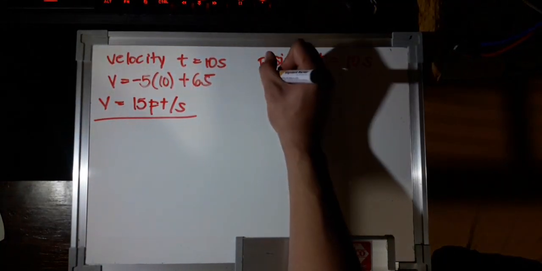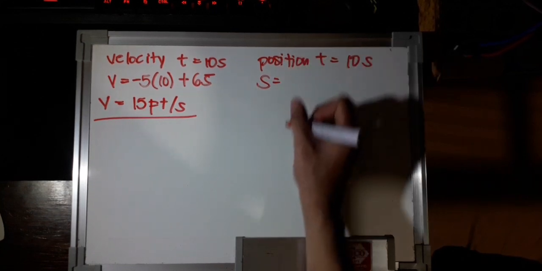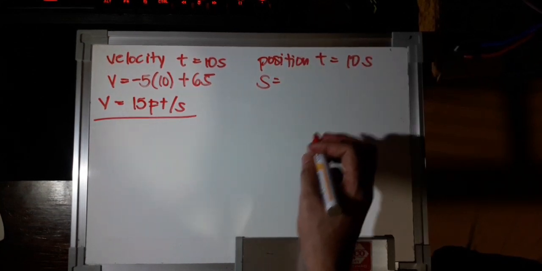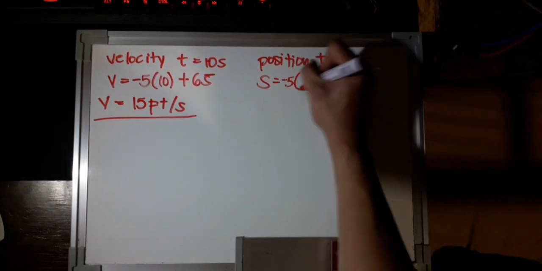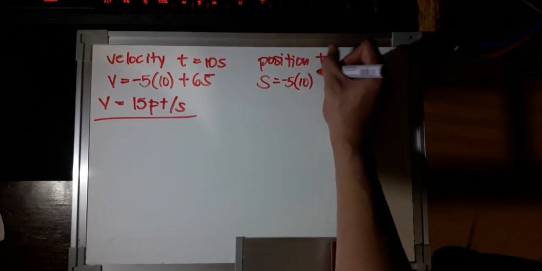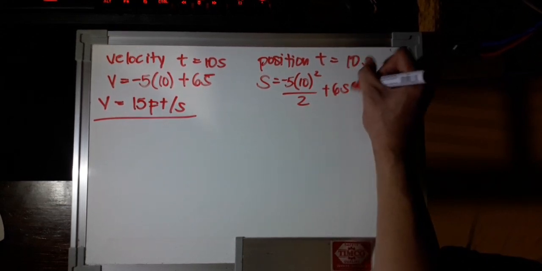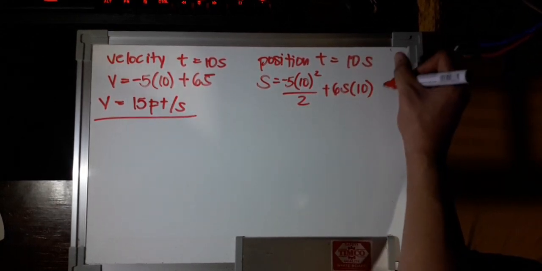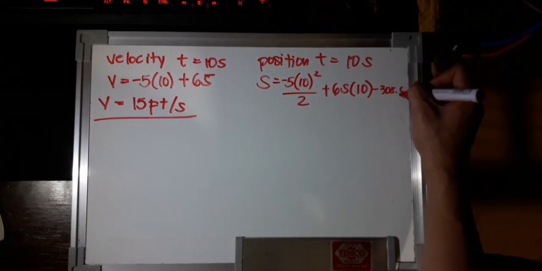Then for the position, we have s is equal to negative 5t squared over 2 plus 65 times t minus 308.5.